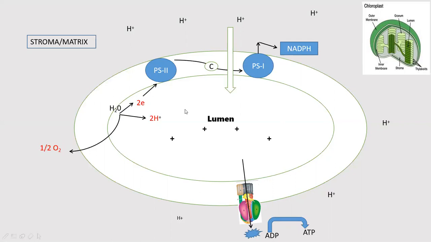Because of these two reasons, when this water molecule splits, they also push the protons from here to here. So due to this reason, inside the lumen there is proton accumulation when you compare with the stroma or matrix. So this caused the proton gradient across the membrane.